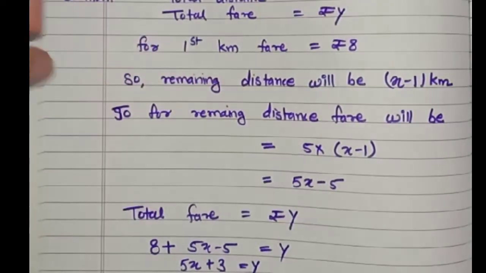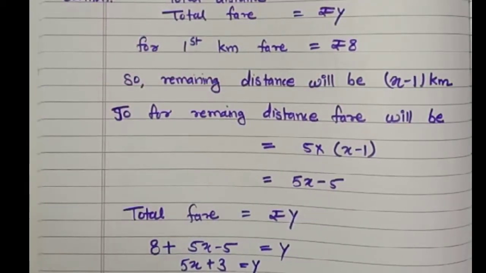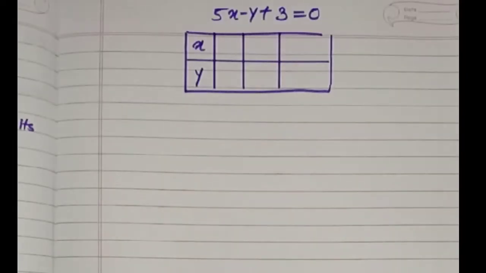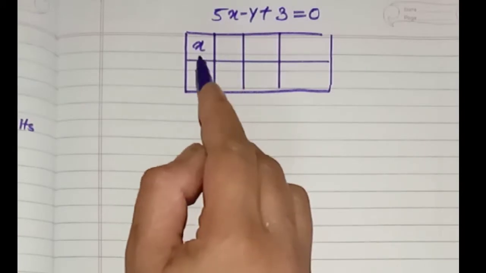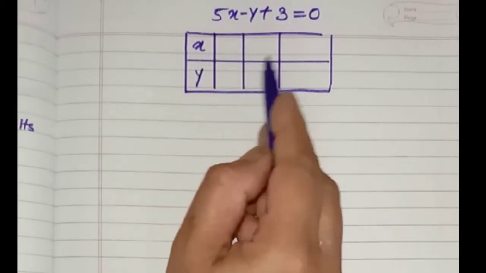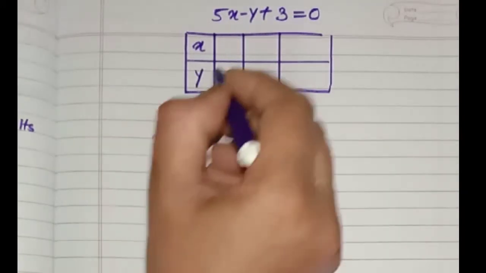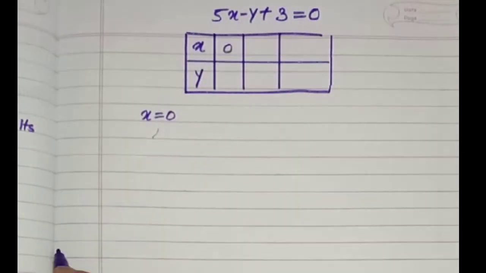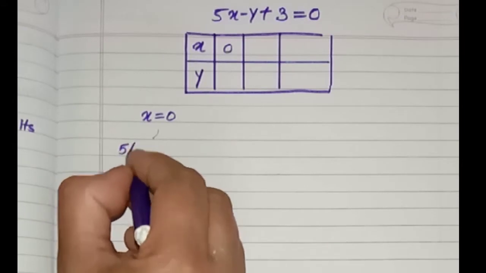This one is your linear equation in two variables. Now we will draw the graph for this linear equation. For making the graph, first we will find the points. For this, let's substitute x equal to 0.